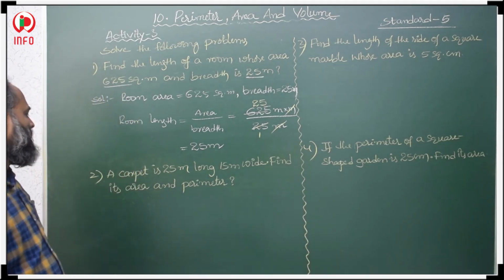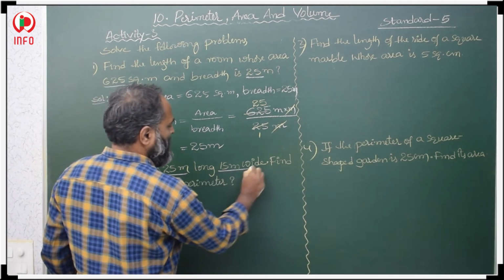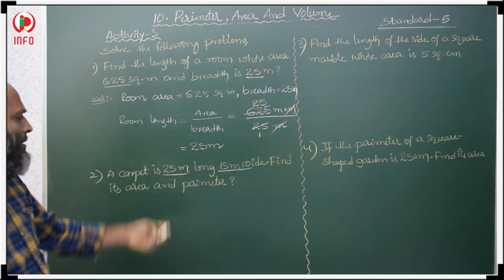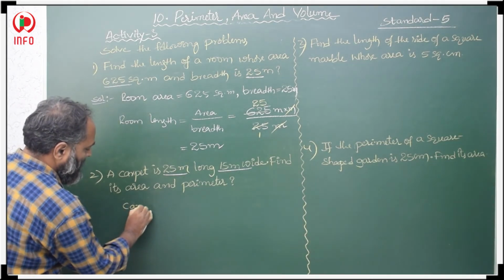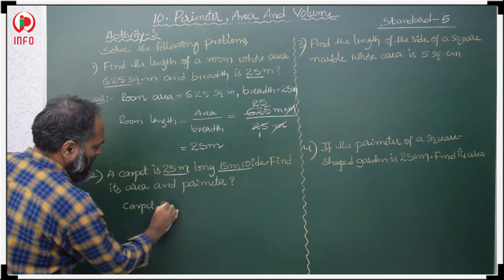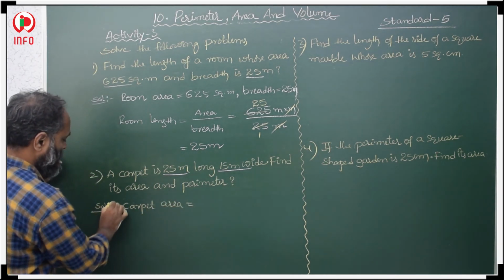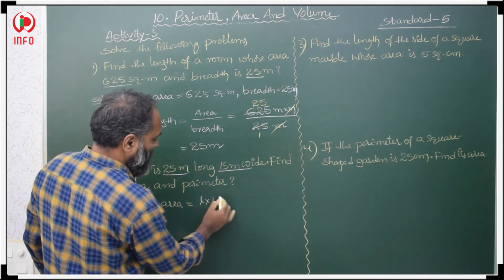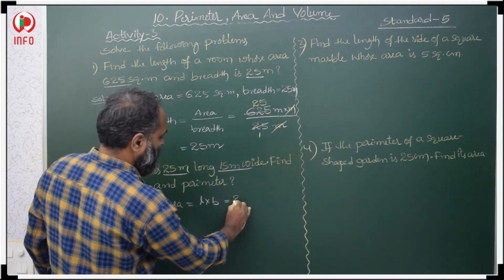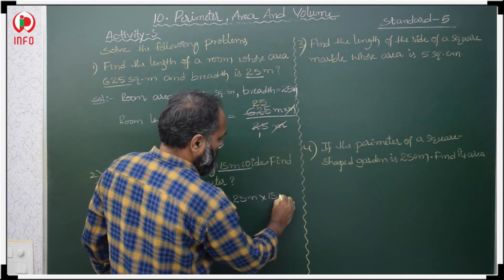Now in the second, a carpet is 25 meters long and 15 meters wide. Find the area and perimeter. First we have to find the carpet area, that is length into breadth. What is the length here? 25 meters and breadth is 15 meters.